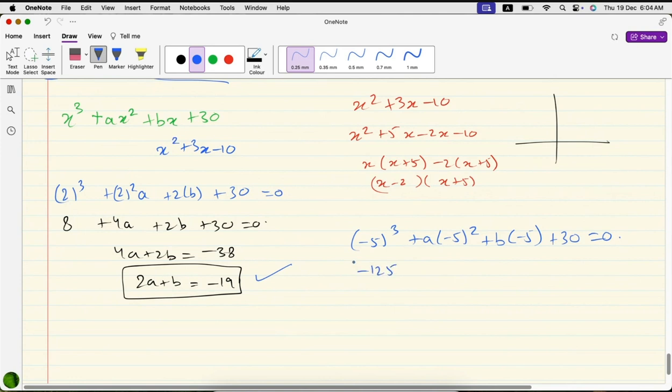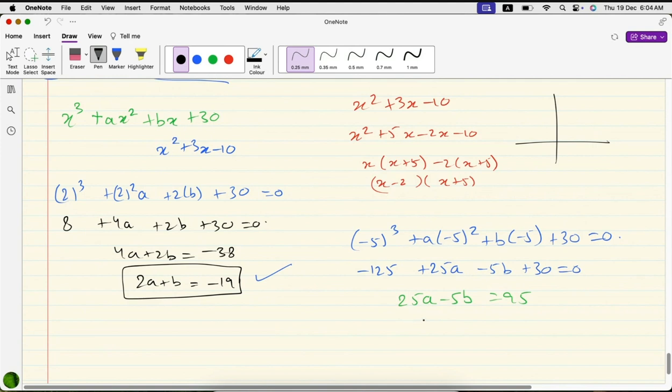Okay, positive x is positive 2. What do we substitute? 30 minus 125 is negative 95, goes on the other side as positive 95.